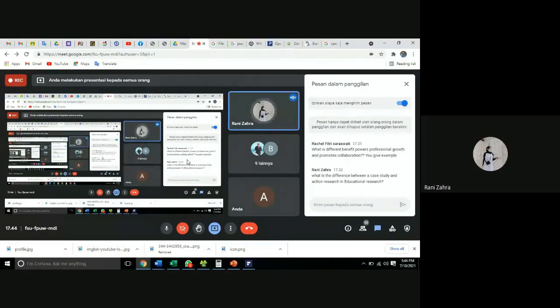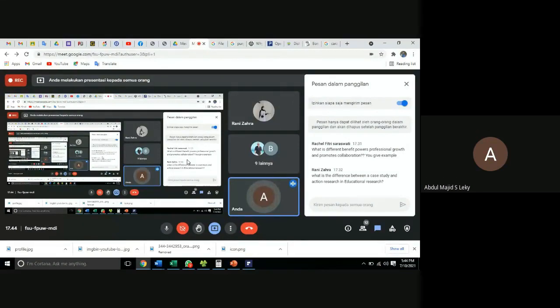So you mean that case study emphasizes observing and analyzing? Actually, action research also does observation, but the field of case study is wider than action research.